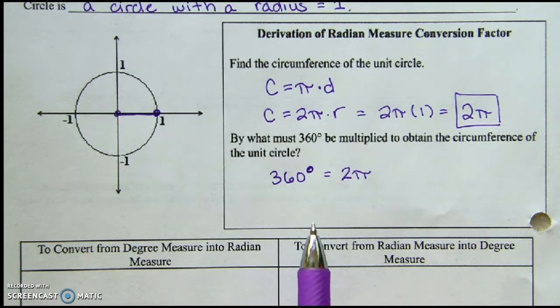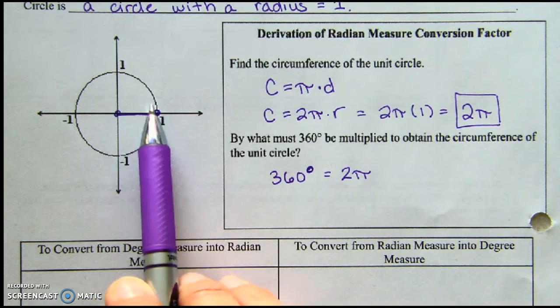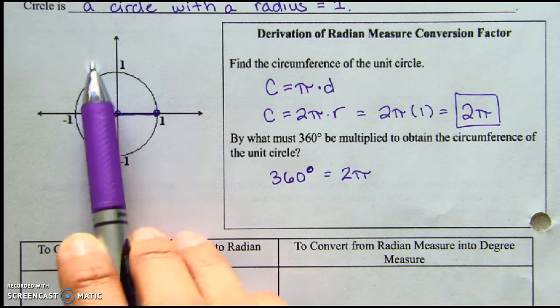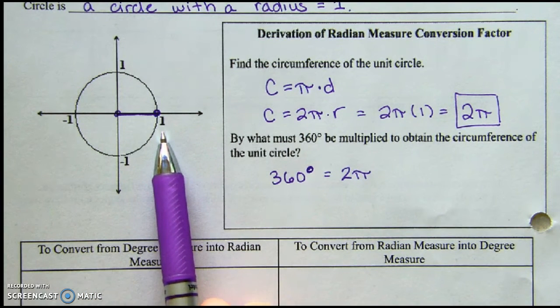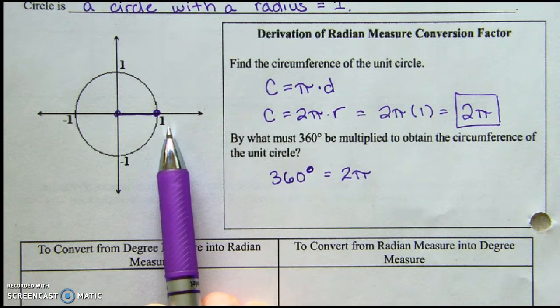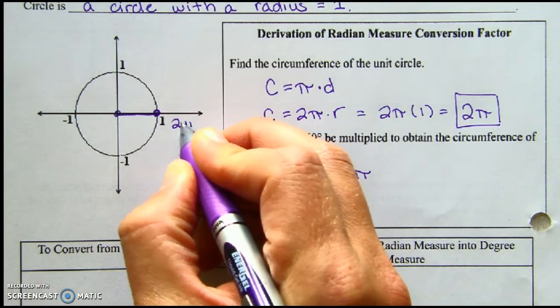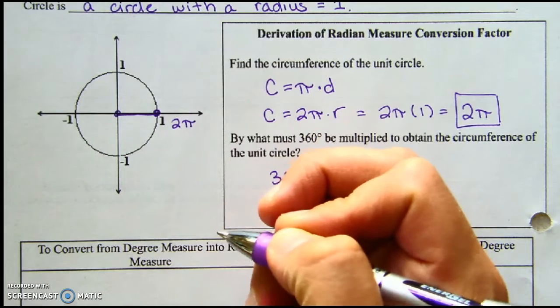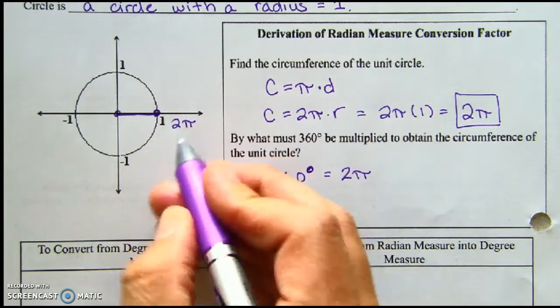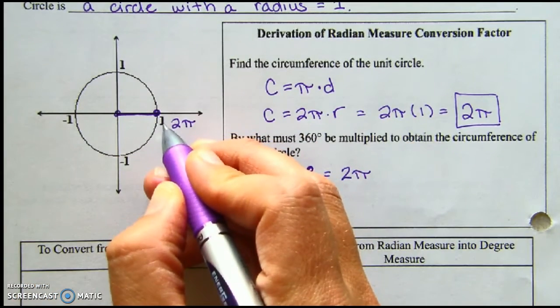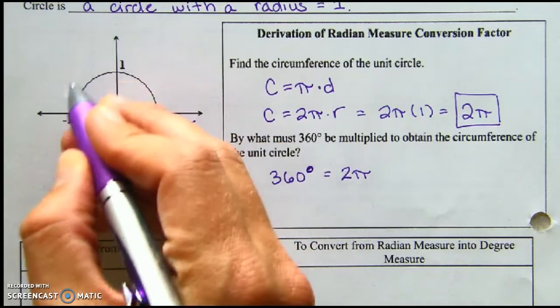You ready? Here we go. All the way around the circle, it's 360 in degrees, but in radian measure, it's 2 pi. This is really important, so you got to watch this. If all the way around this unit circle is 2 pi, what would halfway be?